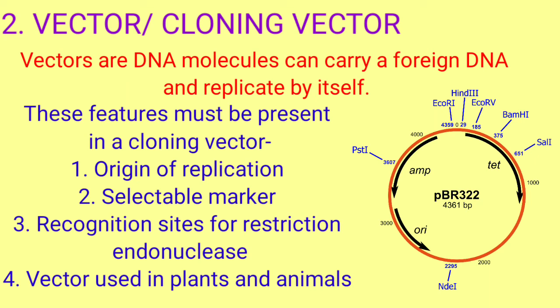Then comes the cloning sites. These cloning sites or recognition sites are the part of the selectable marker where foreign DNA can be inserted and is responsive to commonly used restriction enzymes.